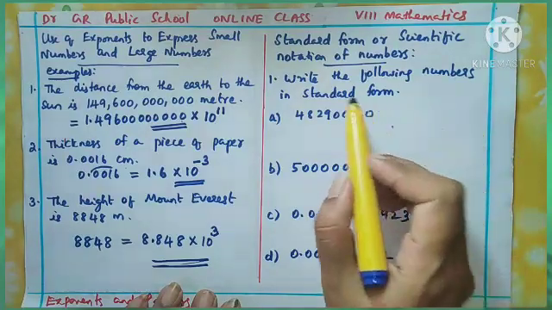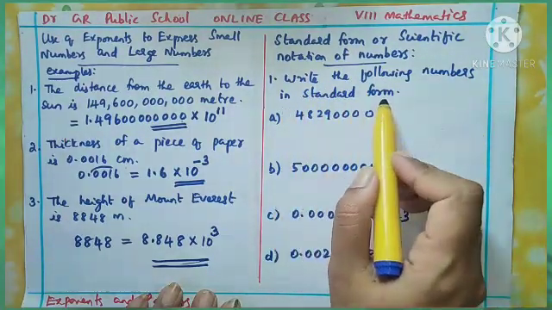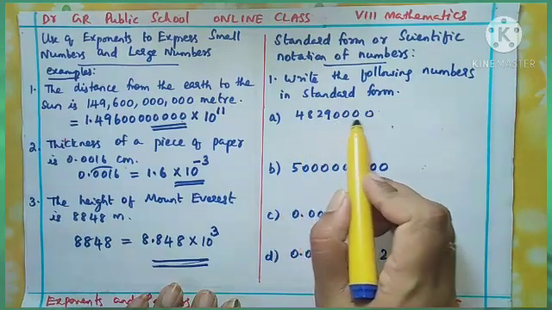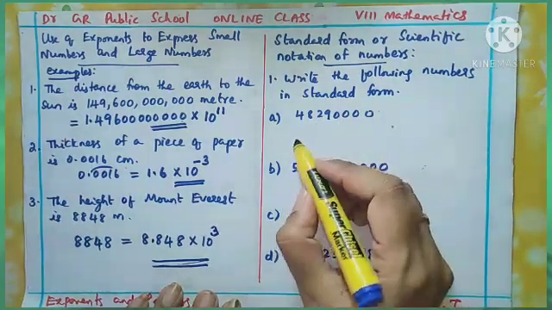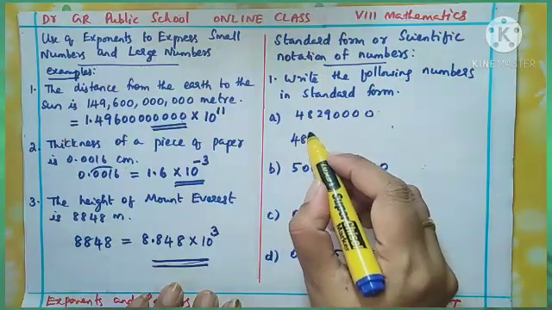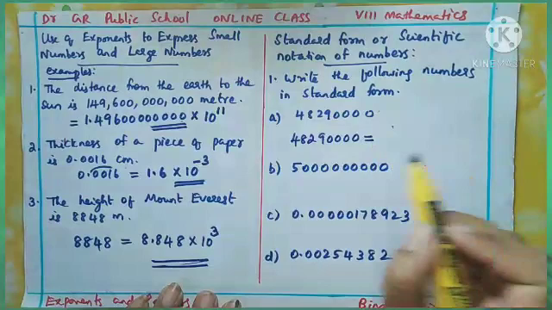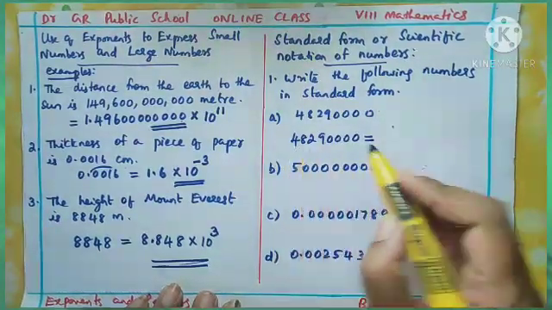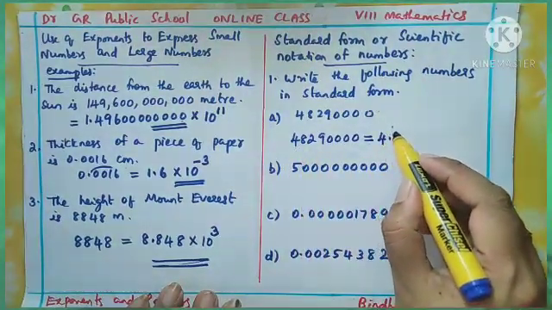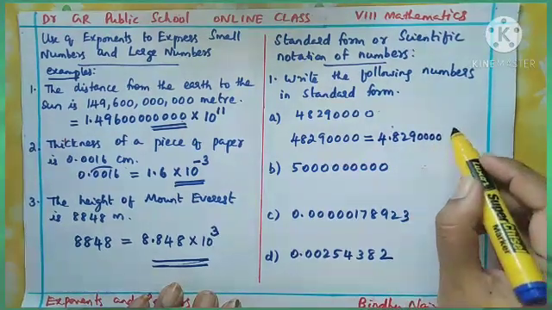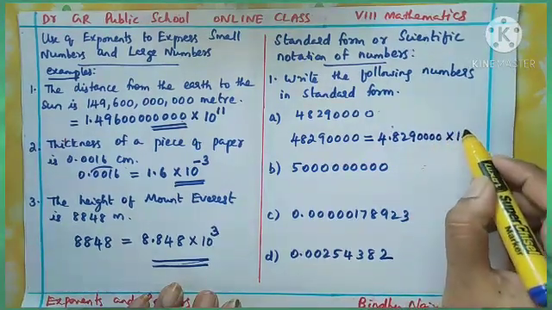Okay. So here write the following numbers in standard form. First question, 4829 and 4 zeros. So how to write this in standard form? First write once the question, and this is equal to, place the point after the first number. So it becomes 4.829 4 zeros into 10 to the power.